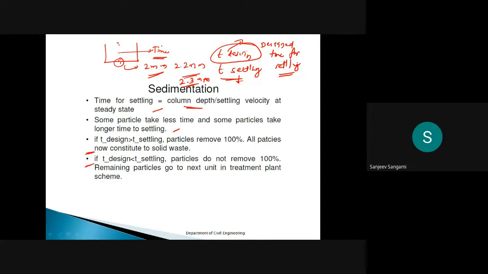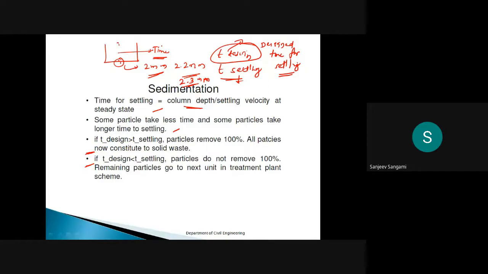Suppose T design is greater than T settling, you assume that it removes 100%, because the design time is greater than the time of settling.